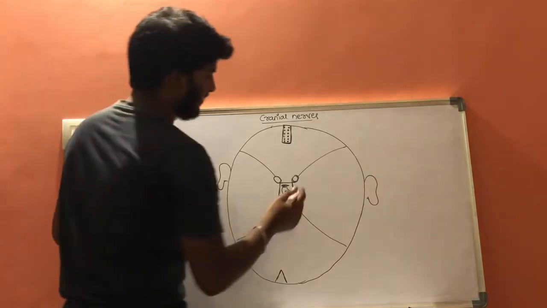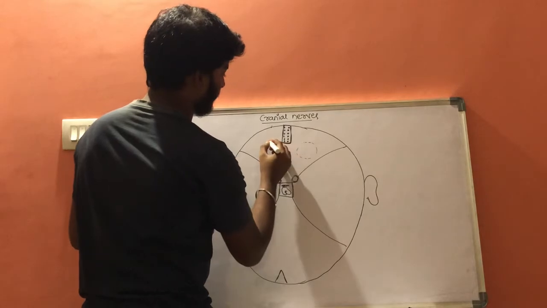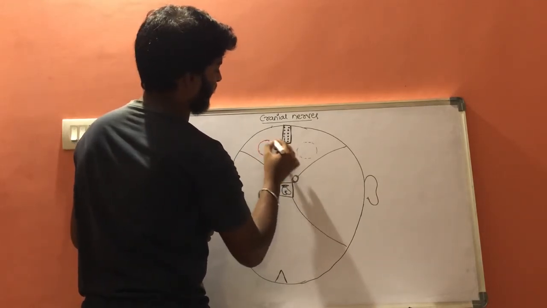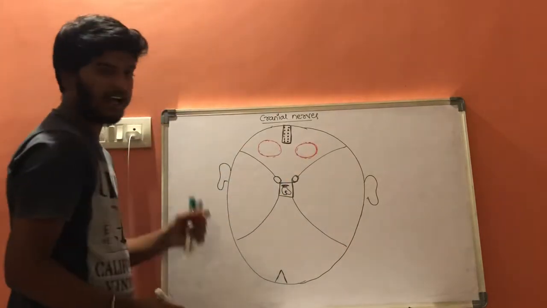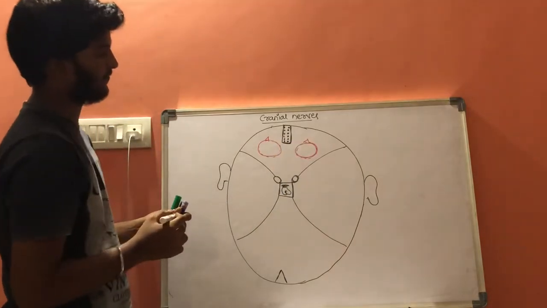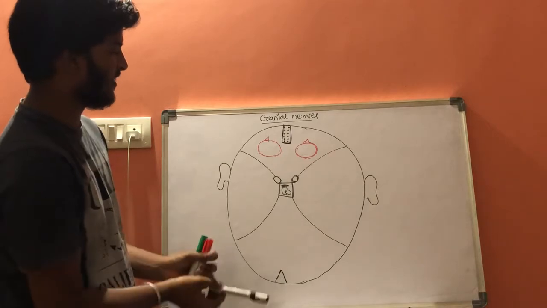Now, these are the eyes and eyeballs. And there is one more structure, that is the superior orbital fissures.